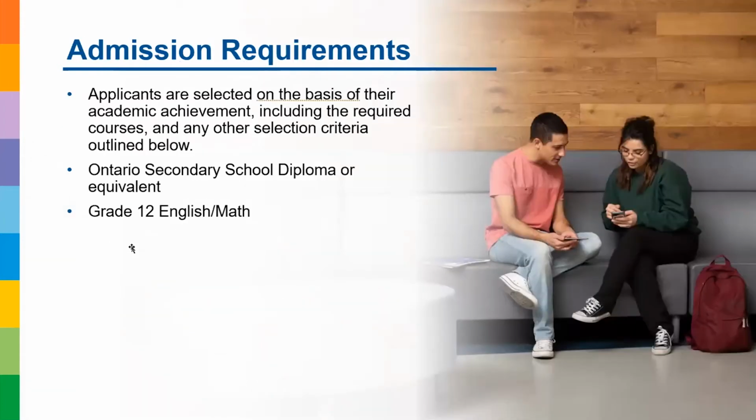Next is about the admission requirements, just like any 2-year, 3-year programs in our school. Applicants are selected on the basis of their academic achievements, including required courses and any other selection criteria outlined as such. Ontario secondary school diploma or equivalent.